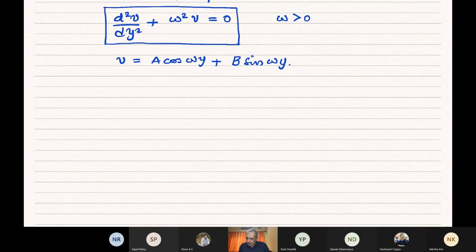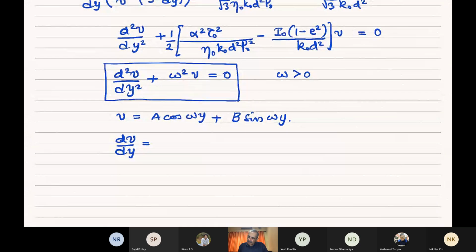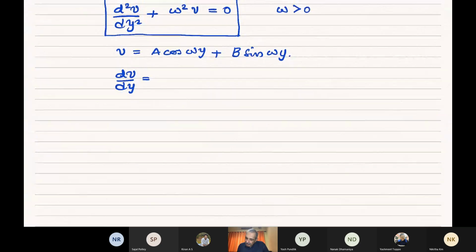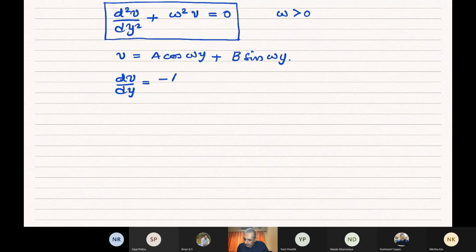Supposing this is our solution, where a and b are unknown constants. Omega we know, this term in brackets is omega squared. Then dv by dy is going to be minus a omega sine omega y plus b omega cos omega y.